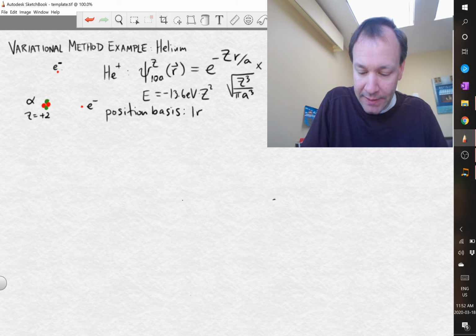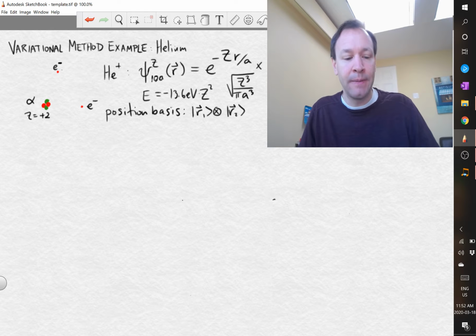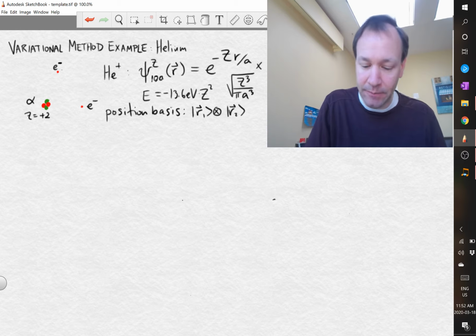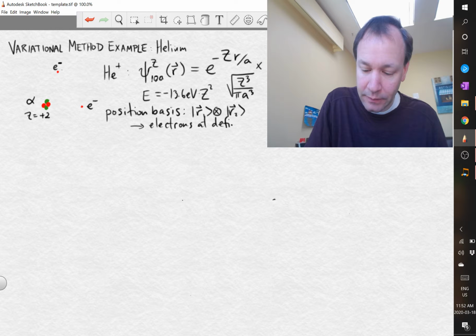So I'm going to write that as R1 for the first electron and R2 for the second electron. That's a hypothetical state where the two electrons each have some definite position.